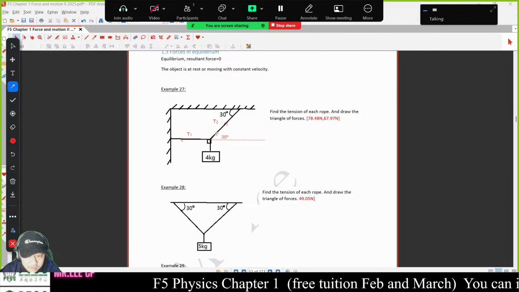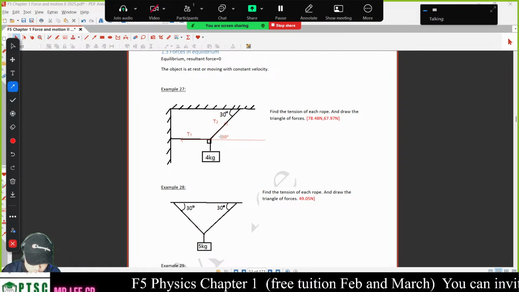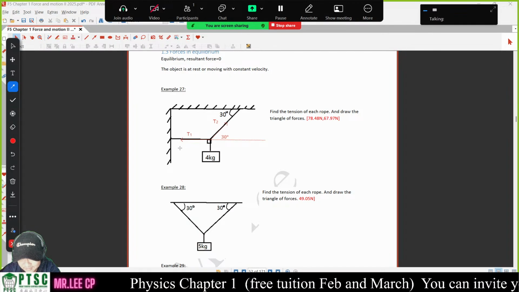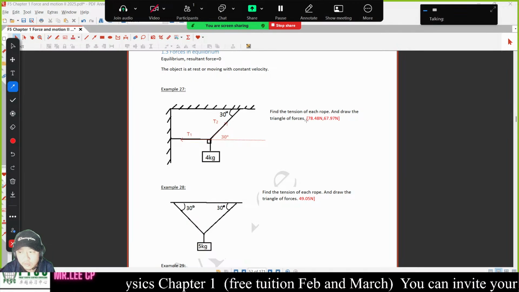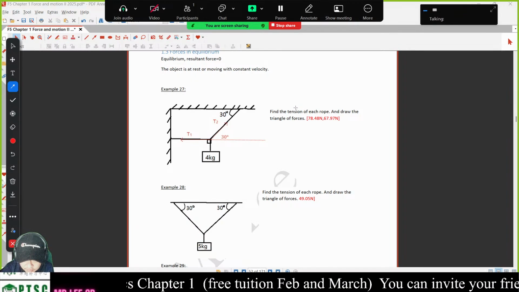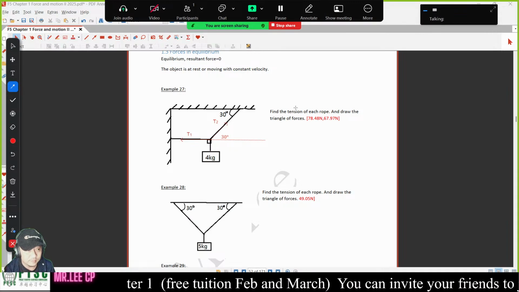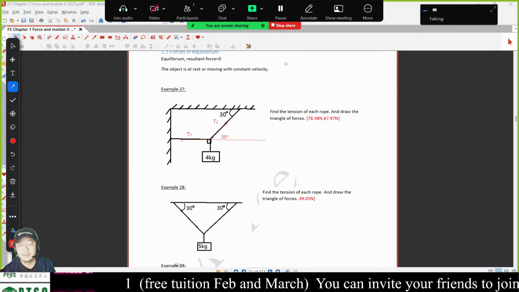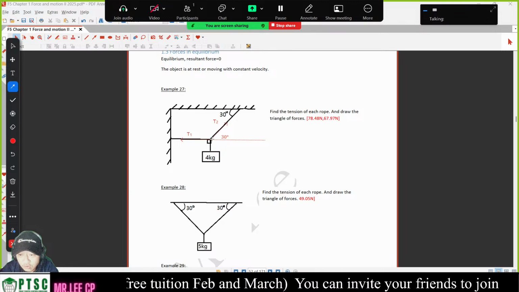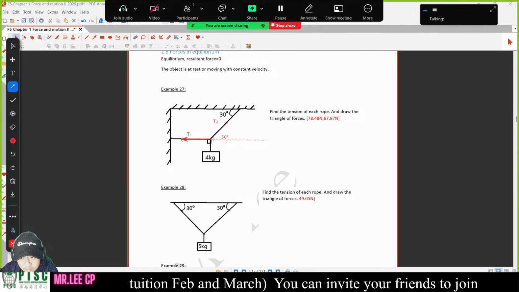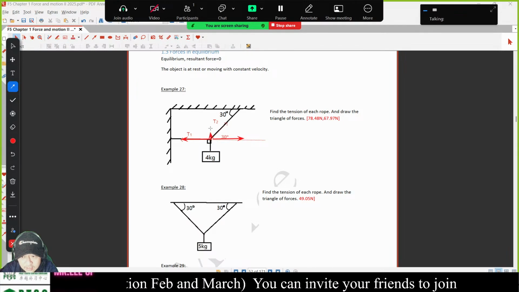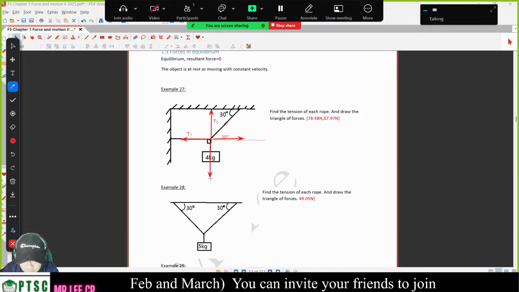If it is not in equilibrium, then it will start to move down or slide to the left or right, and they will ask you for acceleration. If they ask to find the tension, surely it must be in equilibrium, not moving. So the force going left is equal to the force going right, and the force going upward is equal to the force going downward.